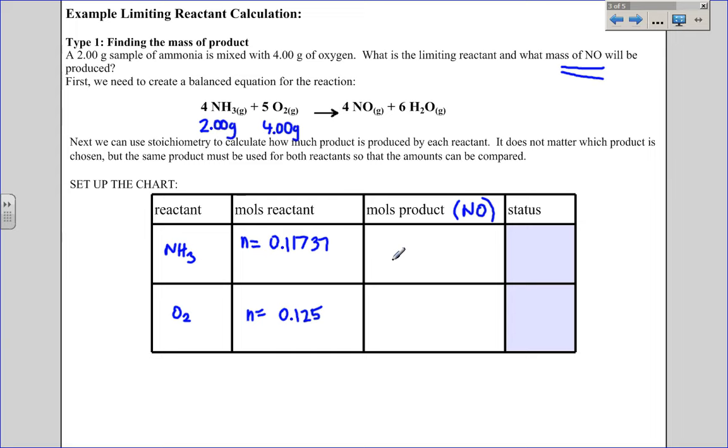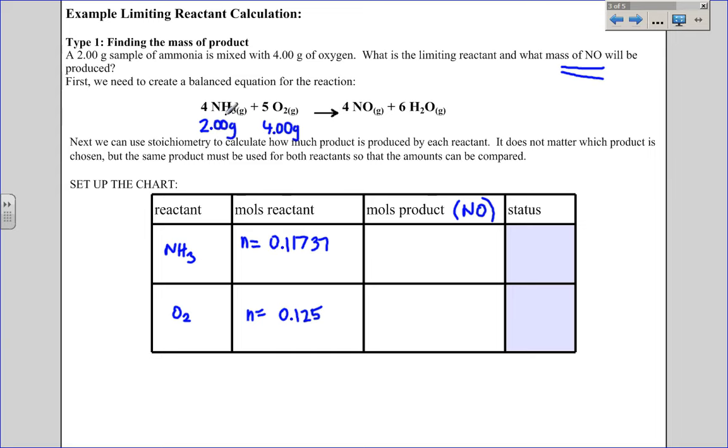So in this step, I want to use the NH3 to figure out how much NO would be produced. And really what I'm doing here is applying step 2 of my mass-to-mass stoichiometry problem. I have the moles of one substance, and I want to find the moles of another substance in the balanced chemical equation. So what I need to do is use the ratio.